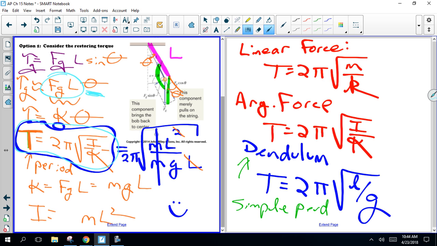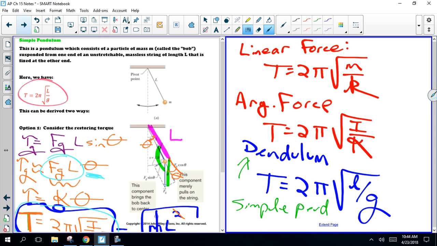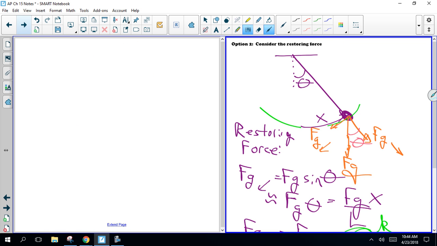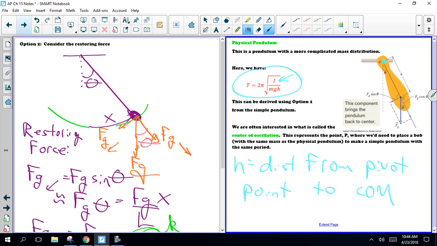So here we just replace the L with h, and it gives you this new equation, which is right here. So all I did is replace the L with an h in that restoring torque solution that we did the other day. Cool?